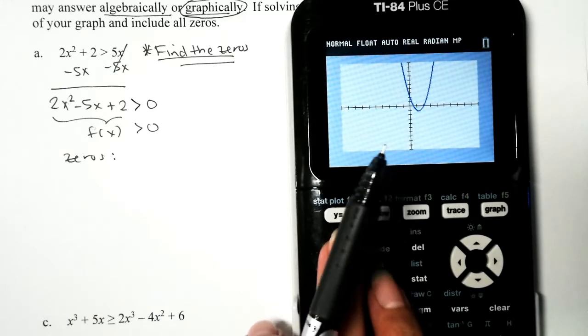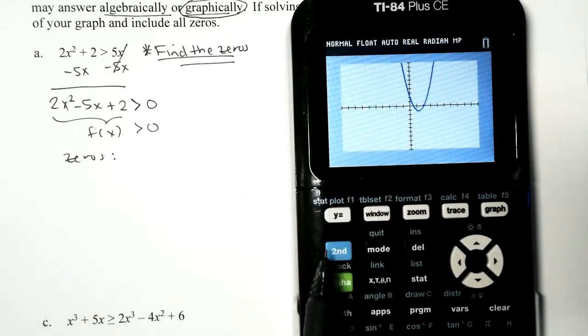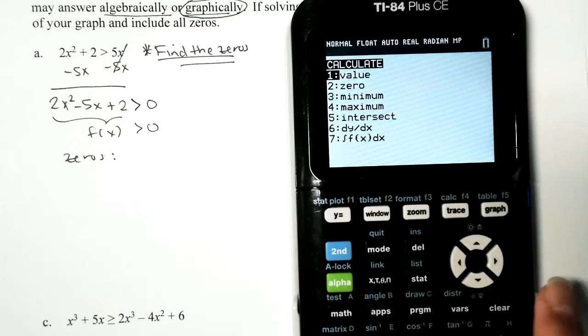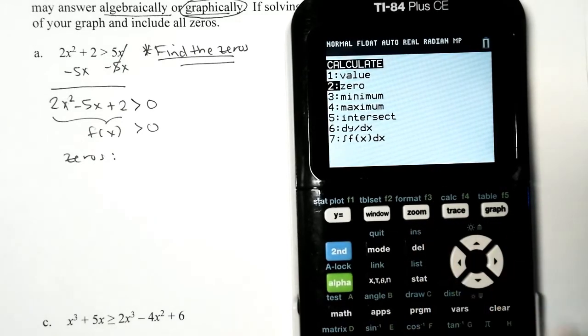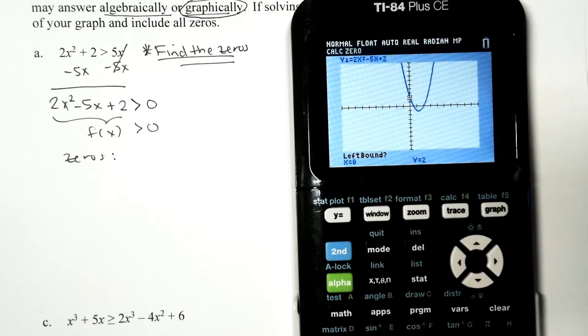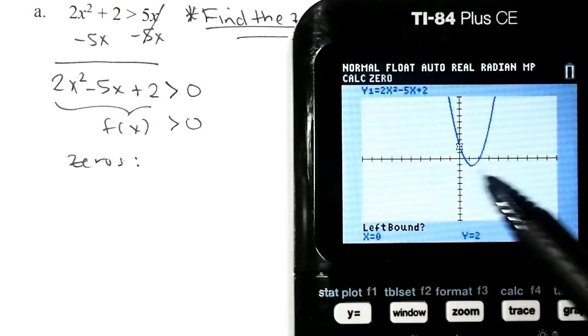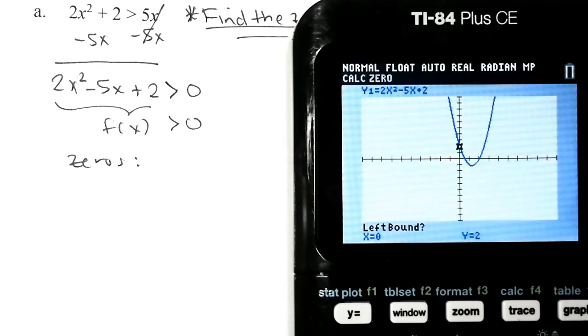So we want to find the zeros by using the calculator. Let's go ahead, do second calc, find me a zero. Second calc, and then hit option 2 for zero. Okay, left bound. Let me zoom in as much as I can. Okay, that's as best as I can go. Left bound. So the zero is about there, and the cursor is to the left. So let's hit enter.